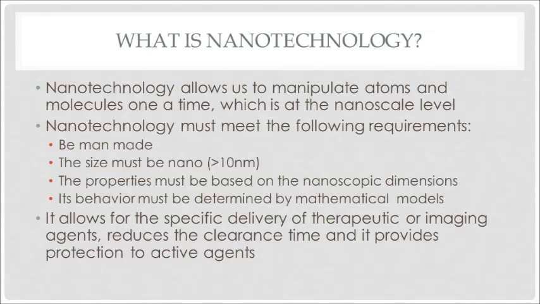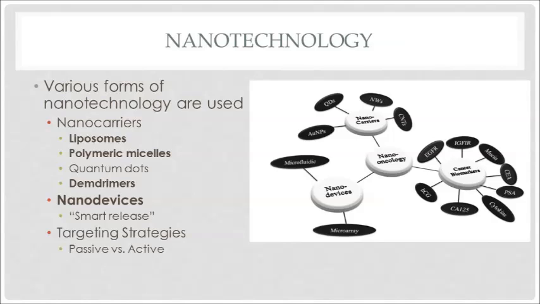The properties must be based on the nanoscopic dimensions, and its behaviors must be determined by mathematical models. It allows for the specific delivery of therapeutic or imaging agents, which reduces the clearance time, and it provides protection to active agents. So there are various forms of nanotechnology being used and tested in the biomedical field.